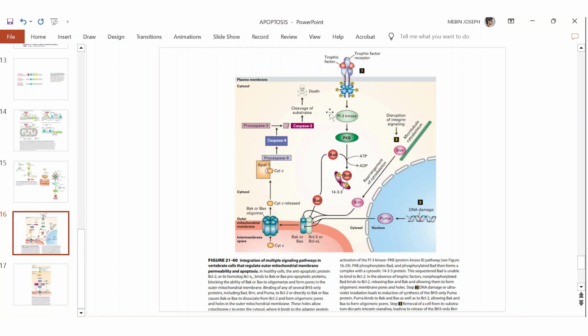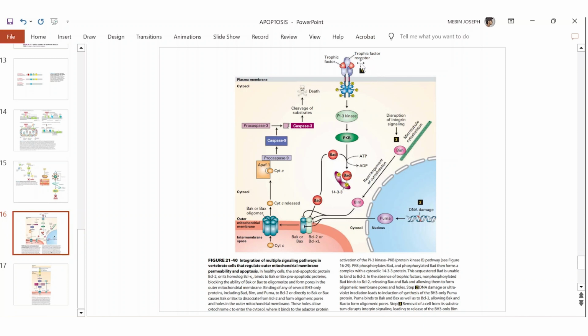So let's see here the intrinsic pathway where the stimuli is formed internally in the cell. You see one, two, three. So there are three cases mentioned in this picture. Let's talk about the first picture: how the intrinsic pathway is activated, or how the stimuli is generated in the cell itself.